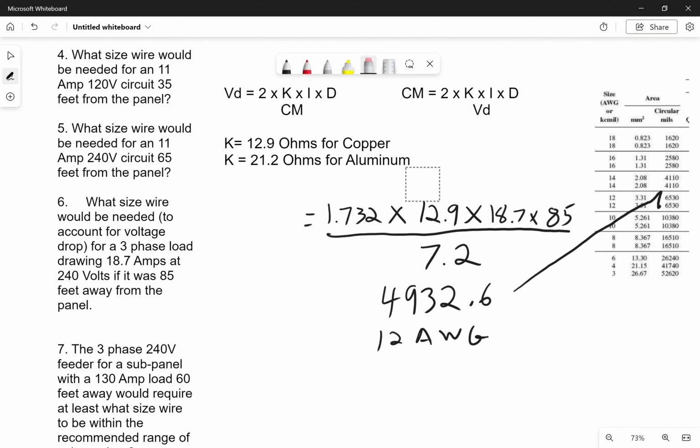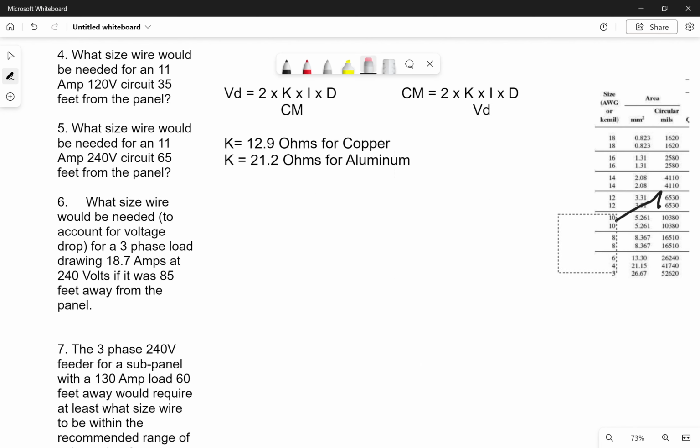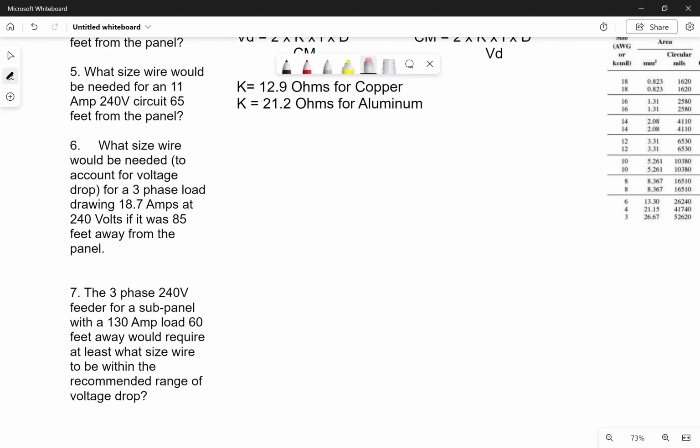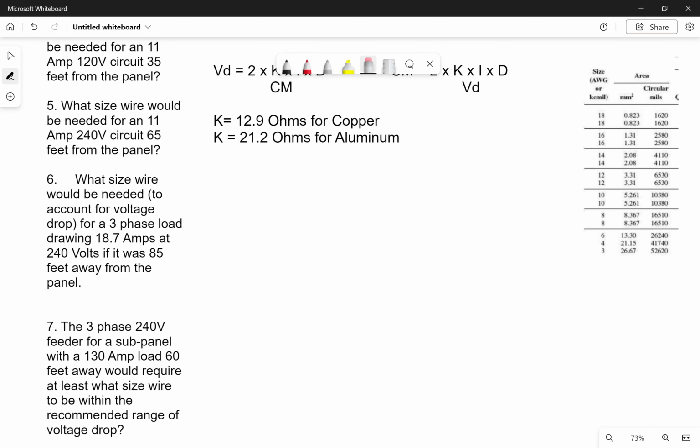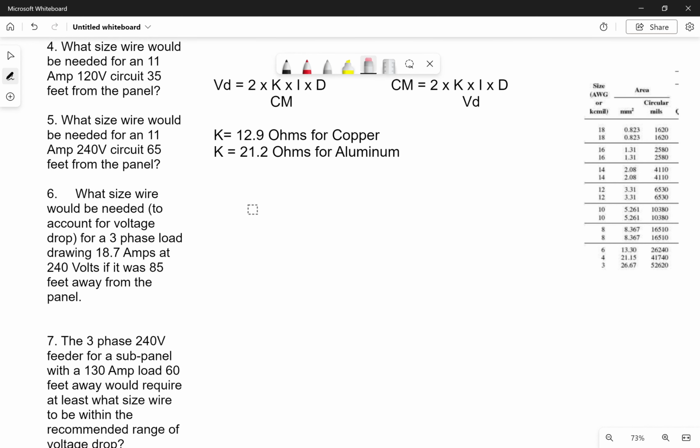All right, so now we look at the last one we're going to do here, number 7. 3-phase 240 volt feeder for a sub panel with a 130 amp load 60 feet away would require at least what size wire? It's asking what size wire, and so we're going to use our circular mills formula. Equals, it's not 2.